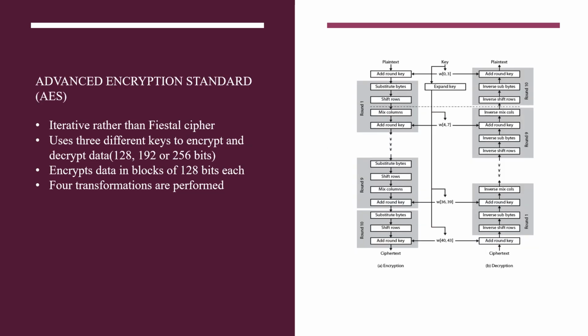Advanced Encryption Standard. AES is widely used today as it is much stronger than DES and Triple DES despite being harder to implement. Three different key sizes are used by the AES algorithm to encrypt and decrypt data, such as 128, 192 and 256 bits.